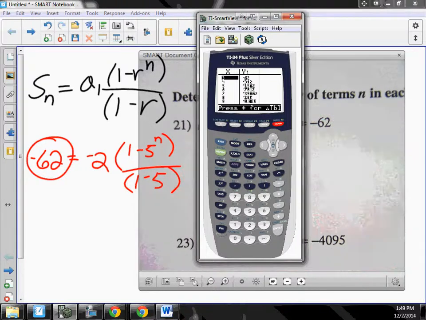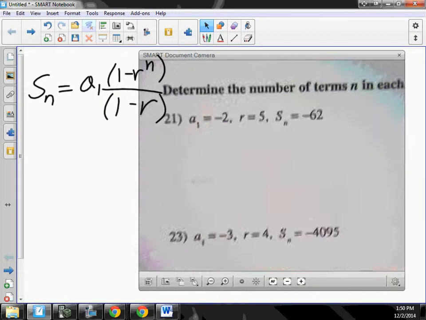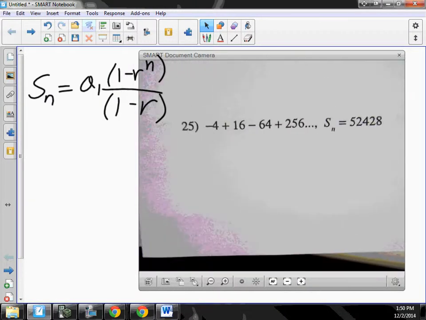If you look at number 25, I have everything I need except, what do I not have on number 25? I don't have r. Can I find r? What is r?